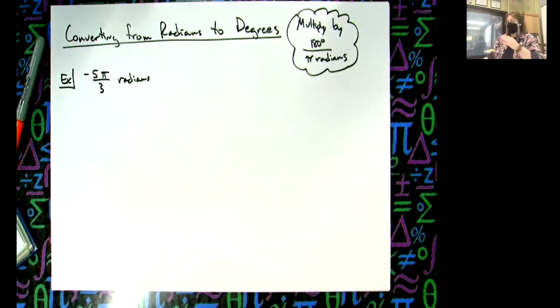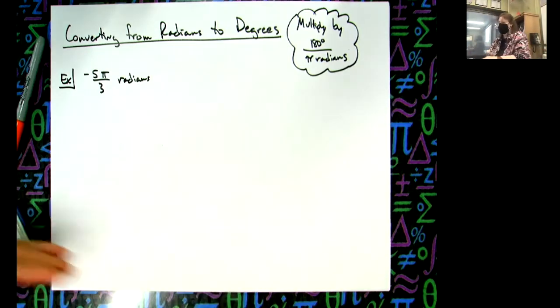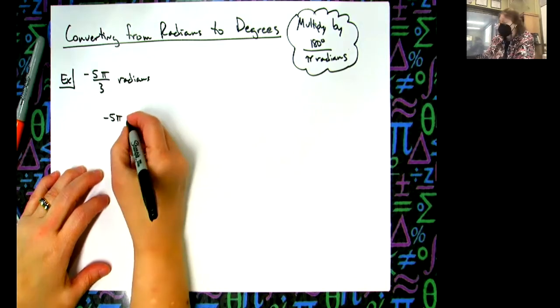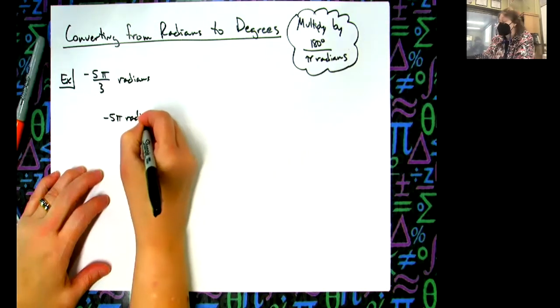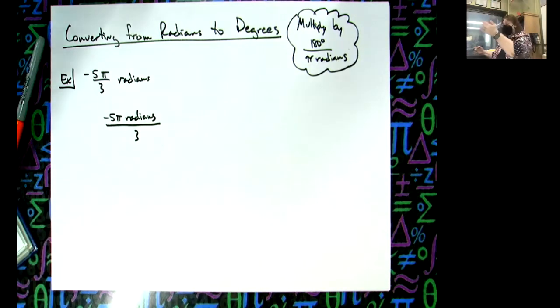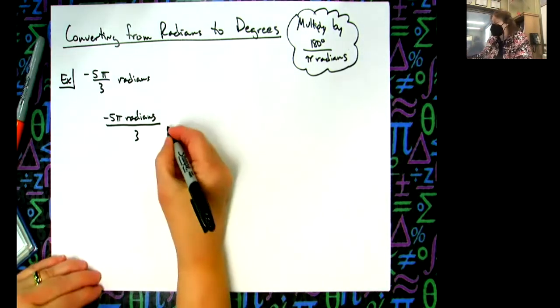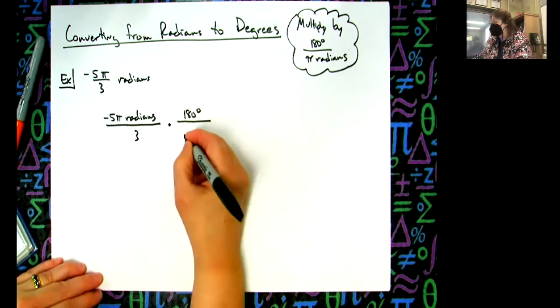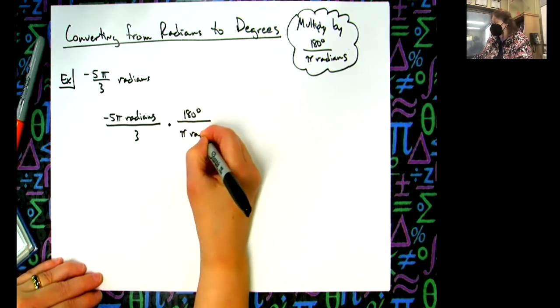All right, now the radians goes in top. So when I go to do the unit analysis, I'm going to put the negative 5 pi. I'm literally going to put the word radians in the top, so I can clearly see that, hey, it's in the top. I'm multiplying by my factor of that 180 degrees over the pi radians.